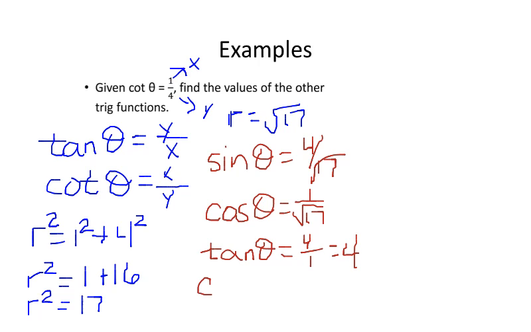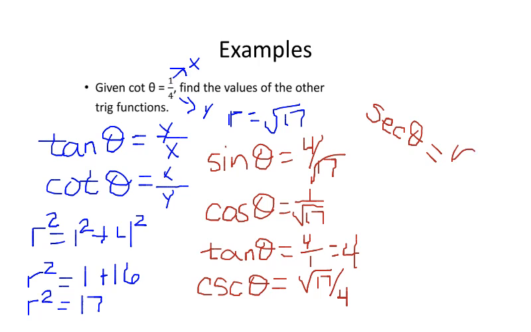Cosecant theta is equal to the square root of 17 over 4. And secant theta is equal to the square root of 17 over 1, which is the square root of 17.